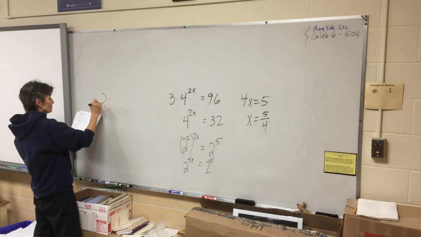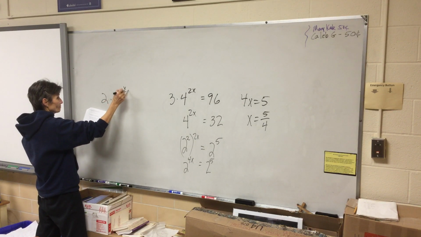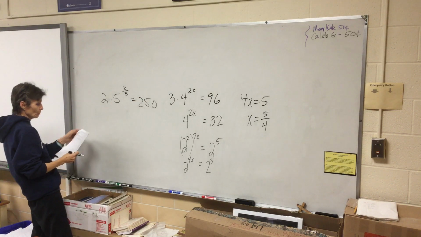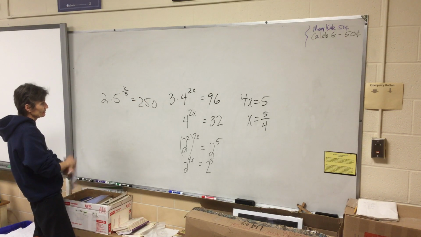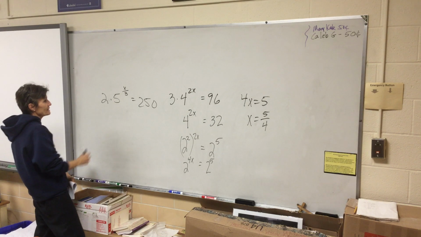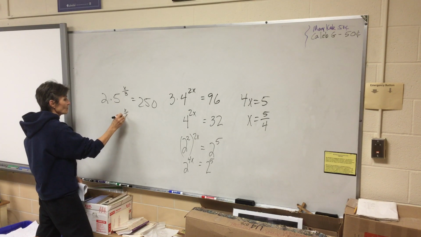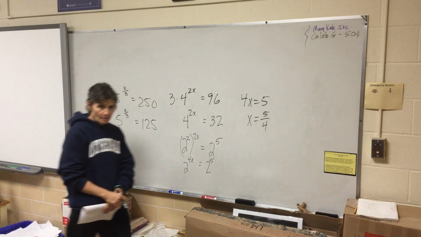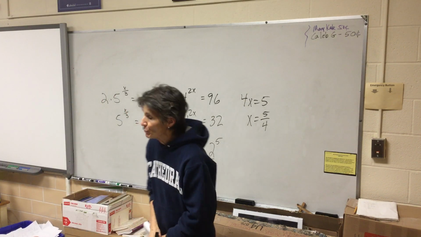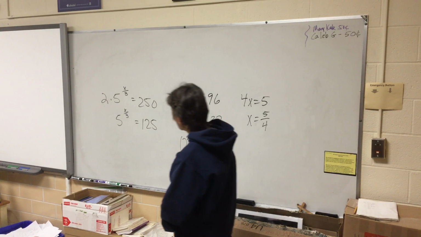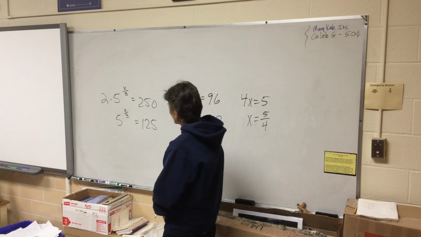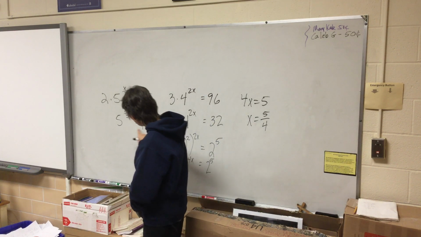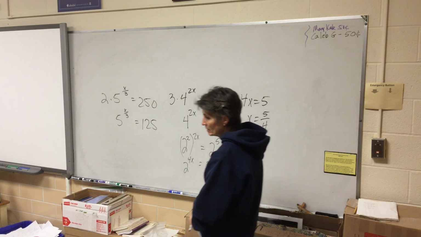Problem E. What's the first thing we'll do with problem E? Divide by 2. Yep, so 5 to the x over 3 equals 125. Now remember, if you're not allowed to use a calculator, then you're going to have to get a common base. So somehow these two numbers have to match.